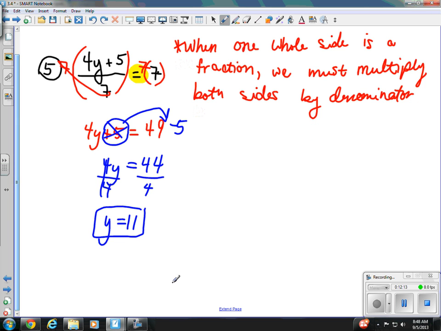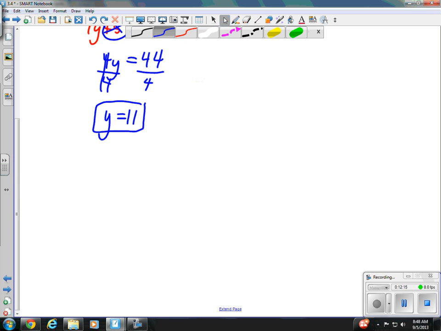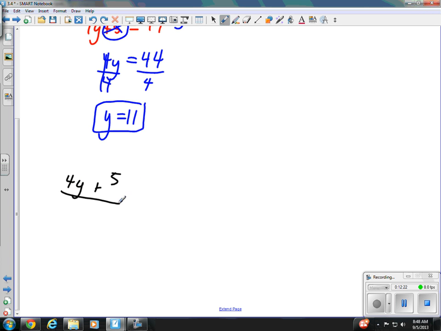Now to check it. When we go to the check, we always want to go back up to the original. So 4y plus 5 over 7 equals 7, except now I know that my y is 11.